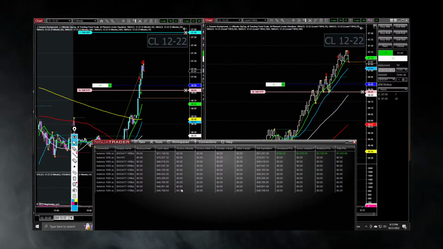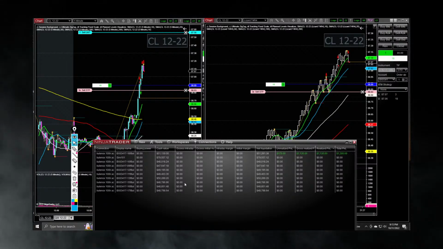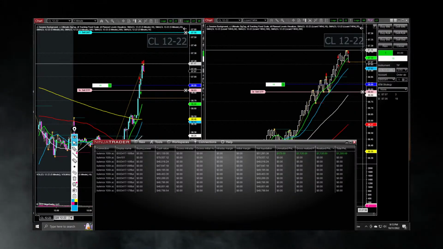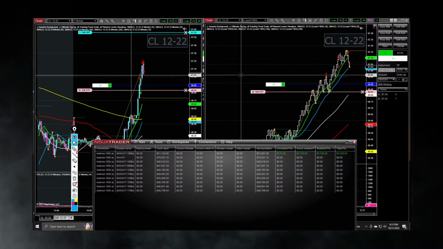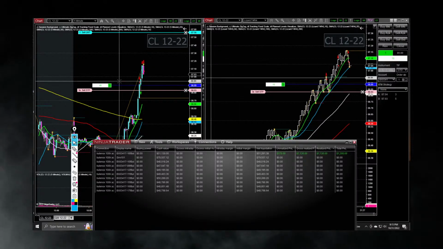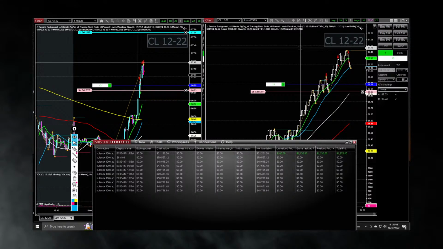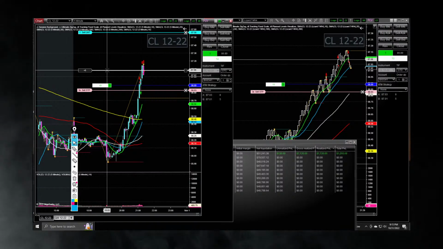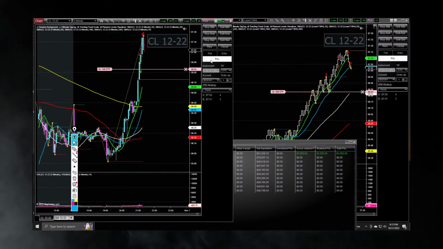Took some off the table there. I don't like the way it kind of hit this 87.16 and then starts to fall. I didn't like that. And then there it goes. Let's take it all off the table there. Order canceled.